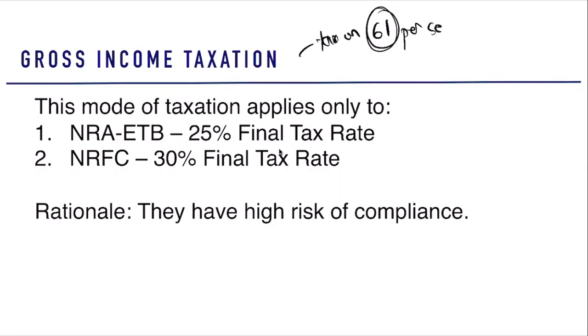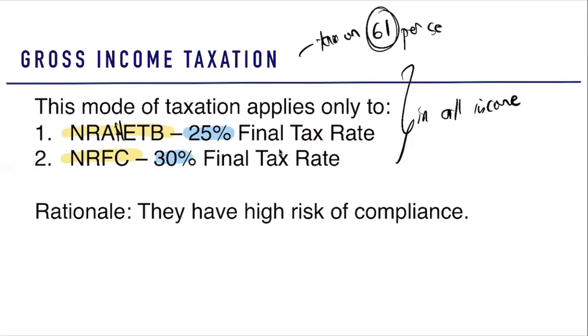This mode of taxation applies to only certain individuals or entities, which we learned before in your status of income. So we have your NRA-NETB, and NRFC. Take note, guys, in all income of these persons, they are taxed on these rates. So we have your NRA-NETB, non-resident alien not engaged in trade or business, 25% final tax rate, and for non-resident foreign corporation, 30%.